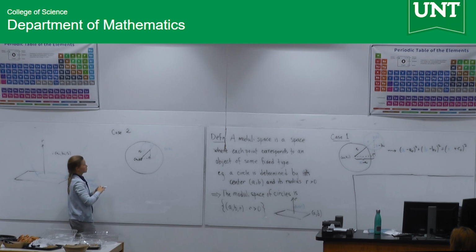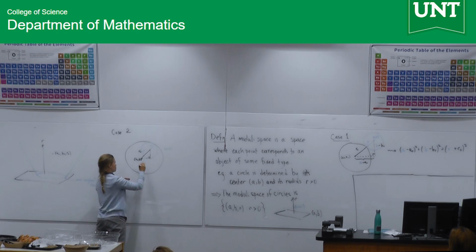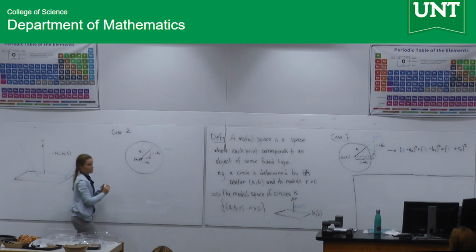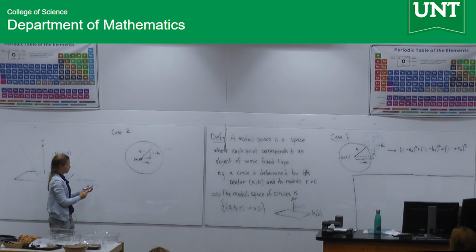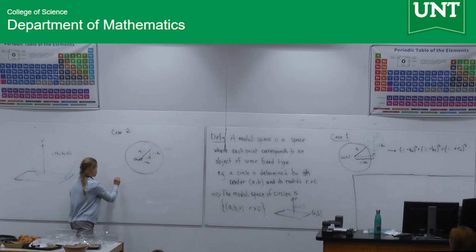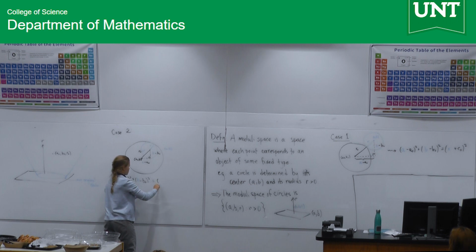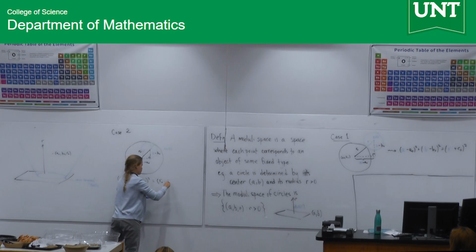And the side lengths are again a minus a naught and b minus b naught. So now I learn that (a minus a naught) squared plus (b minus b naught) squared is equal to (r naught minus r) all squared.